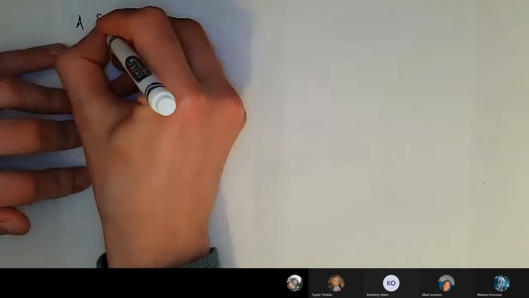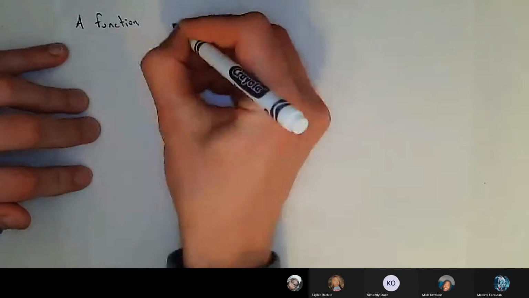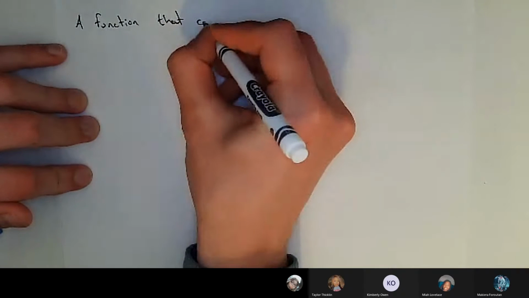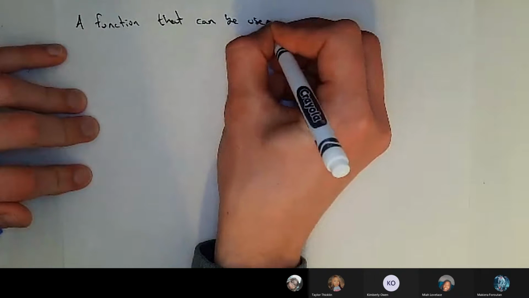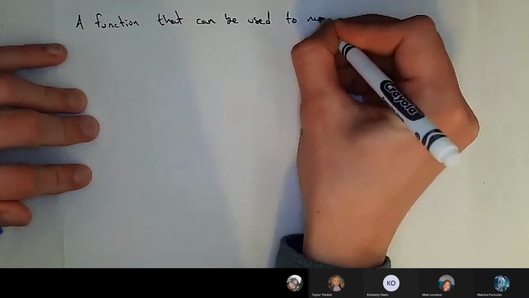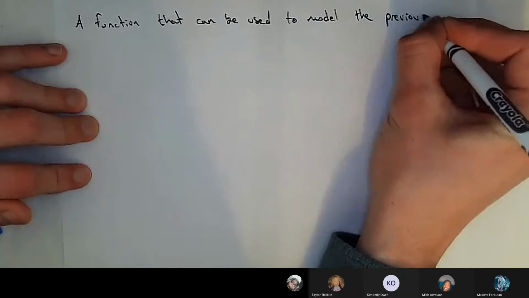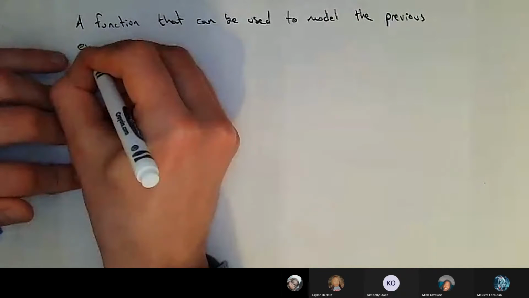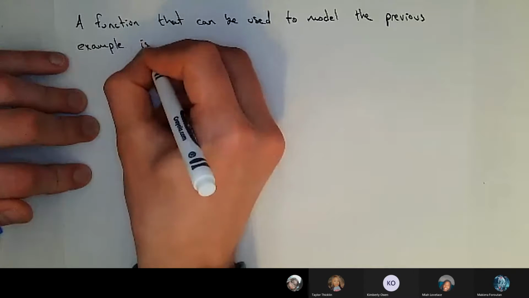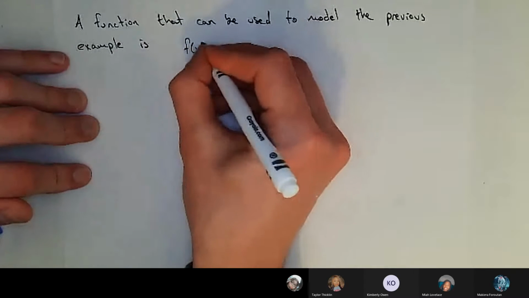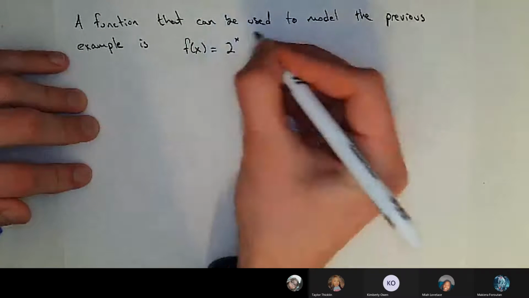So first, let's get an example of an actual exponential function down. A function that can be used to model the previous example is f of x equals 2 to the x.